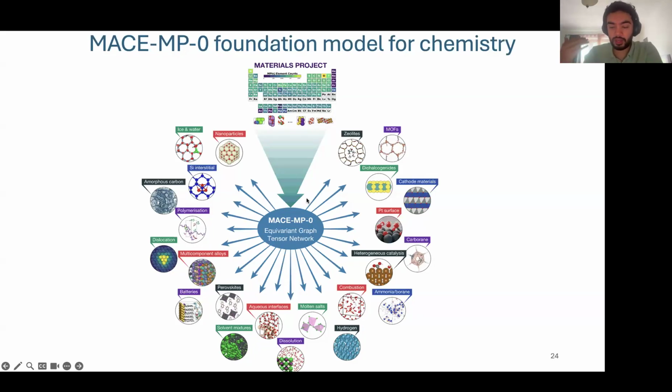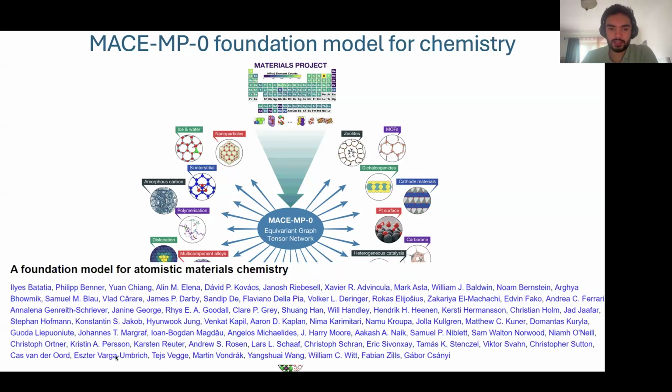And then we made a comprehensive review on what worked, what failed, what was qualitatively or quantitatively accurate. And we compiled that in this large paper that is, I think, the most comprehensive benchmark of any of these models. And what we ended up being very surprised of is that it's actually a sensible model for a lot of things that are completely out of domain. So the training set is just the Materials Project, which are small inorganic crystals. And then we tried it on things that are much, much out of domain.